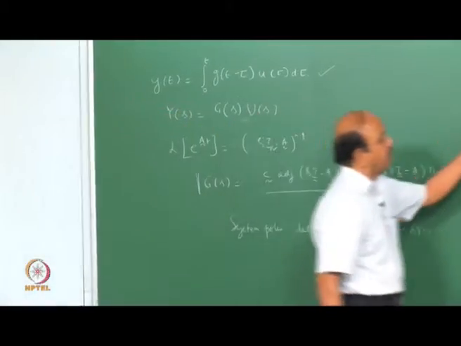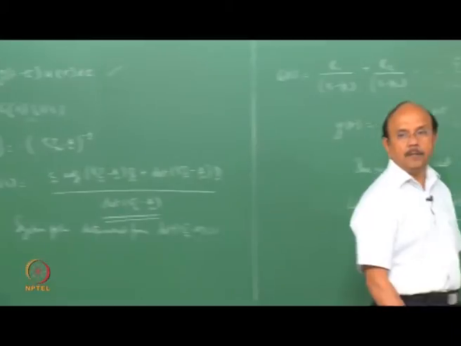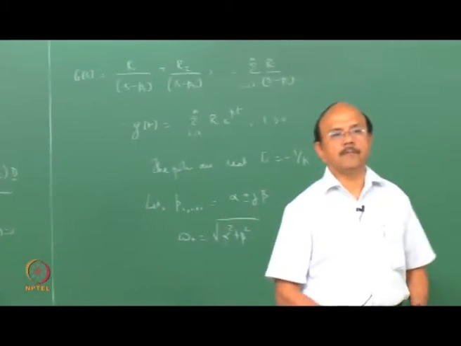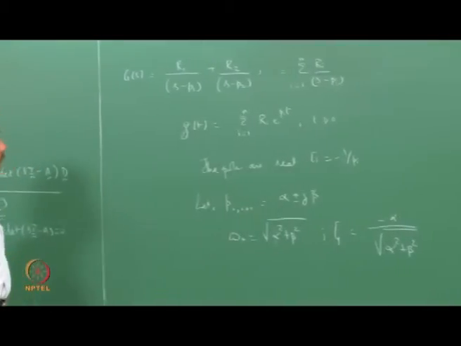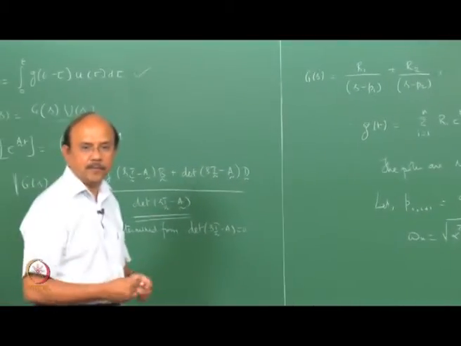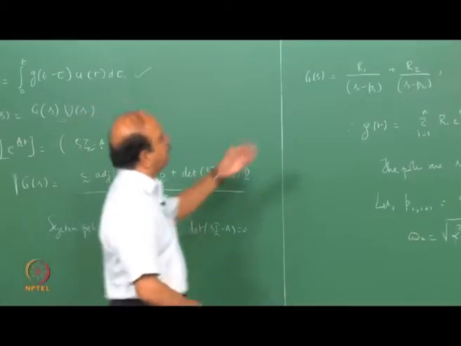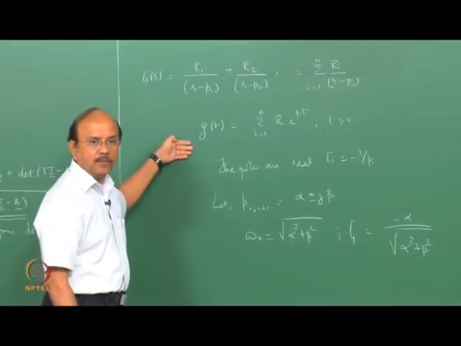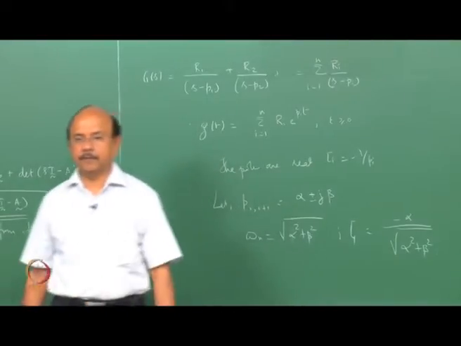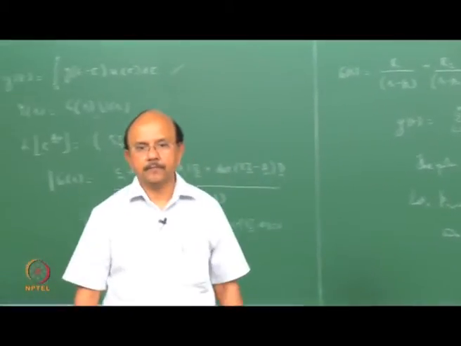Let's call P1, P2 the poles of the system. If P1, P2 are the poles of the system, then G of s is written, say for example, in partial fraction form, and if you now take the inverse Laplace transform, you get G of t, which is given by this function.